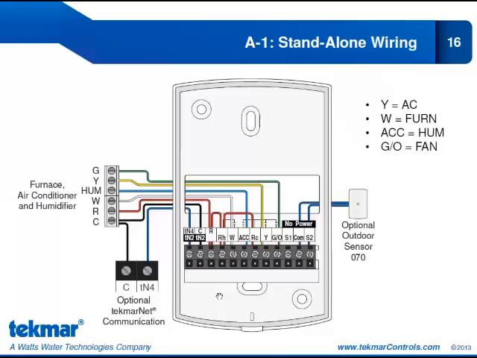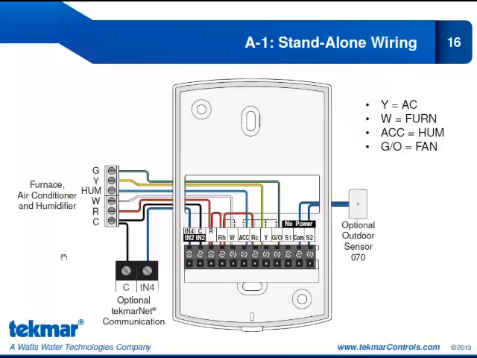Now we've also added another jumper to the RC. Now the RC is attached to the accessory, the Y, and the GO. So our accessory is coming back to operate the humidifier. The Y is coming for the air conditioner, and we have the G coming in for the fan.